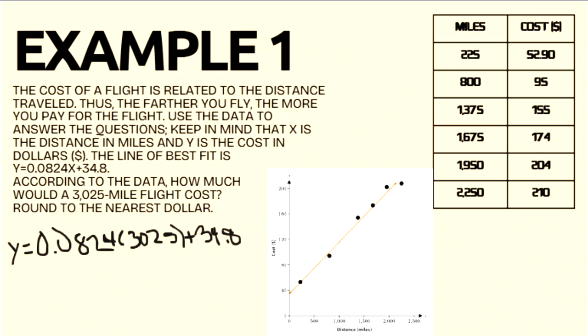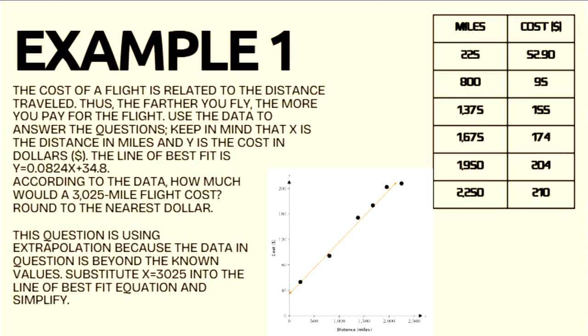We're going to go 0.0824 times 3025. Ooh, I did that completely wrong. 3025 gives us 249.26 plus 34.8. And they want us to round to the nearest dollar. It's $284.06, so it's just going to be $284. Okay.